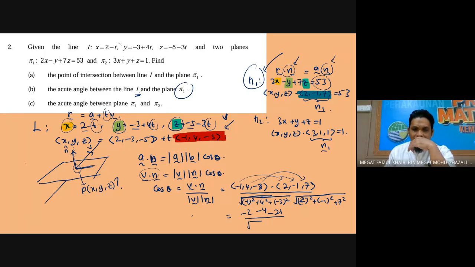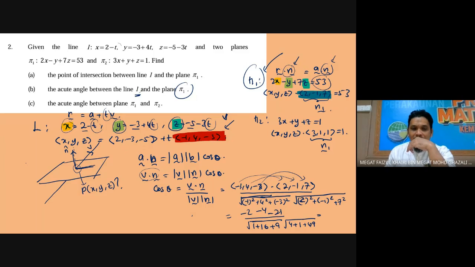-1 squared is 1, 4 squared equals 16, plus 3 squared equals 9, times 2 squared equals 4 plus -1 squared is 1 plus 7 squared 49.